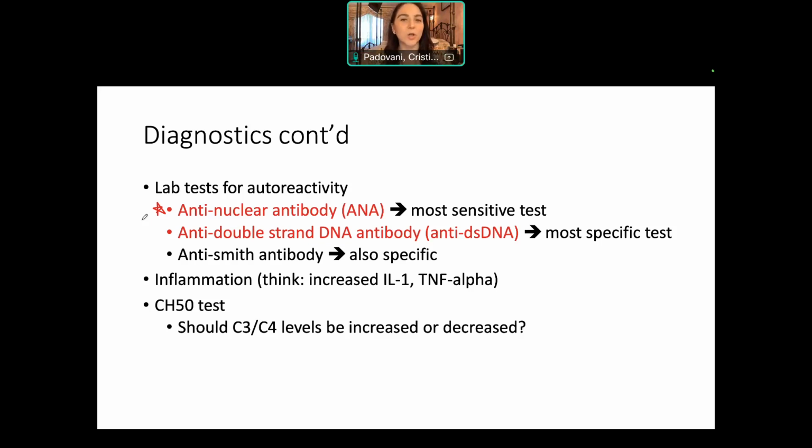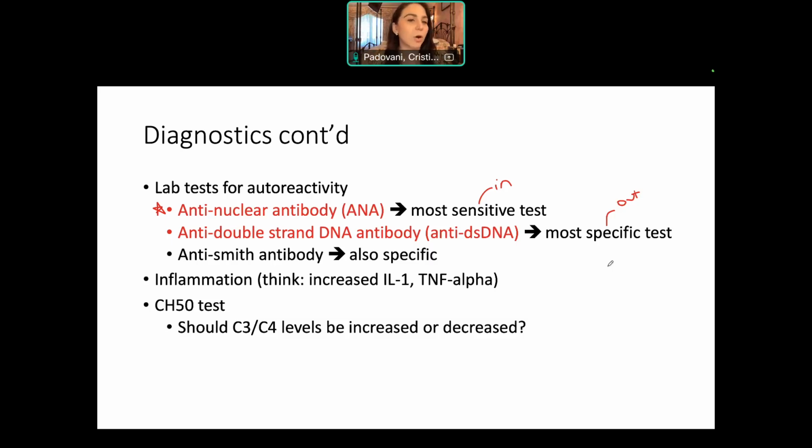Specific tests are like, no, I want to make sure it's specifically what we're looking for, not just picking up on everything. So sensitive tests are good to rule out, and then specific tests are good to rule in. Usually if you have a positive sensitive test, you can't say, oh yeah, that's the disease. But if you have a positive specific test, then there's a higher likelihood that, oh yeah, that's the disease.